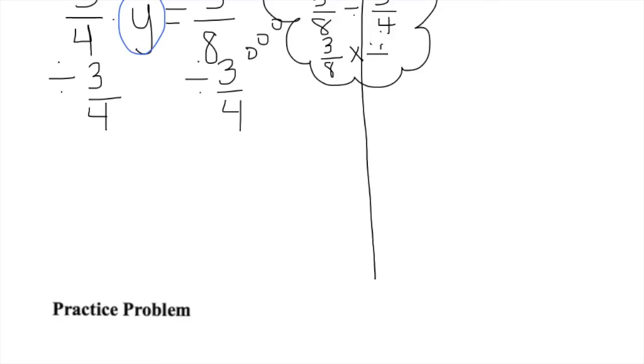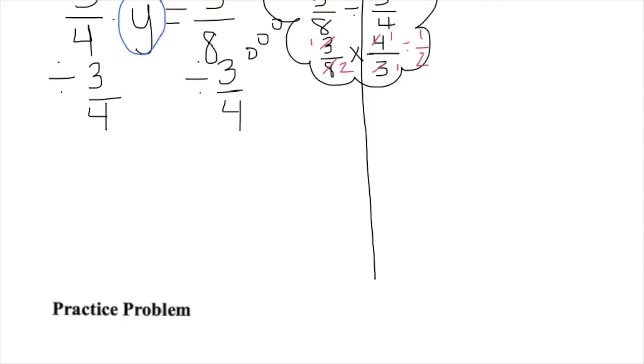So that would be 4/3. So 3/8 times 4/3. I can cross simplify to make my life a little bit easier. And I know that 3/8 times 4/3 is 1/2.